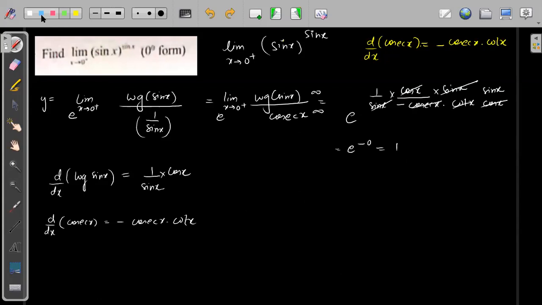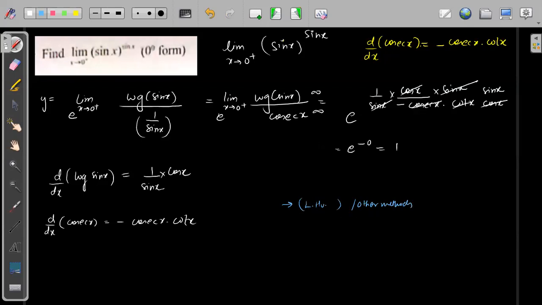Previously I was saying do not use L'Hopital's rule, but I have never said that you can never use L'Hopital's rule. I am saying that in the exam you should know both methods, using L'Hopital's and using other methods also.